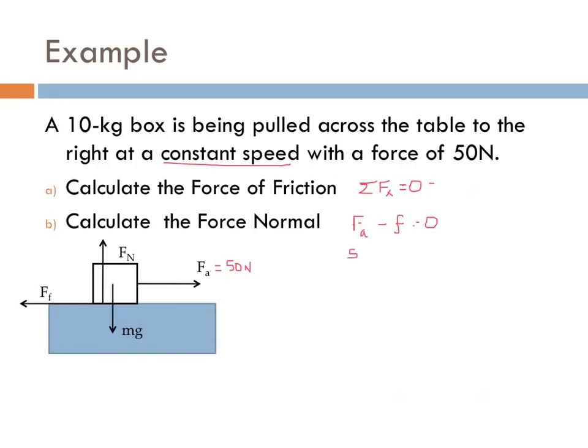Therefore, if I apply a 50 newton force and I want to solve for my force of friction, then my friction would have to be 50 newtons. Again, you could have seen this, but when the problems get a little bit more complicated, it's a good idea to go through these steps.